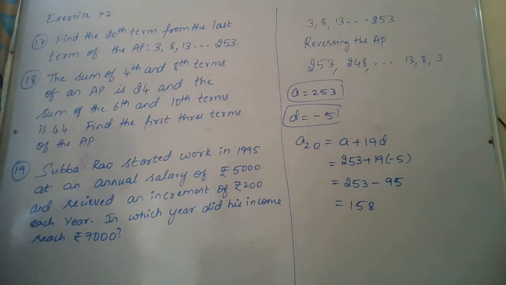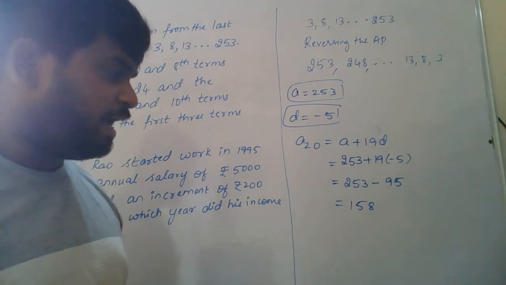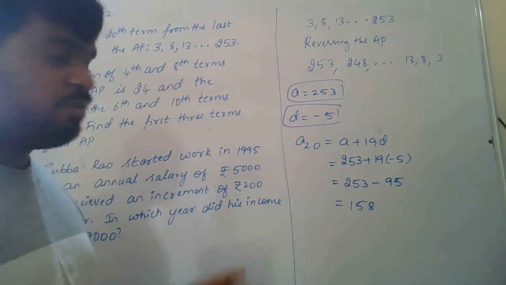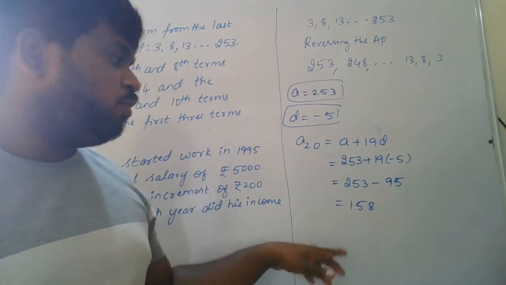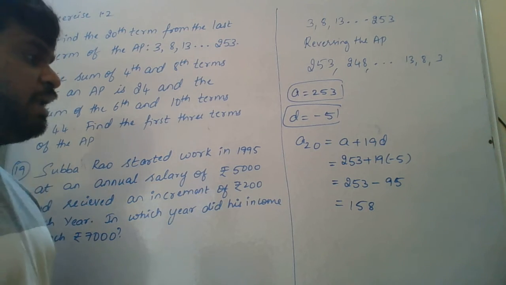That is your 20th term from the last. At the end, you have to write: therefore, the 20th term from the last of the AP 3, 8, 13 and so on up to 253 is 158.